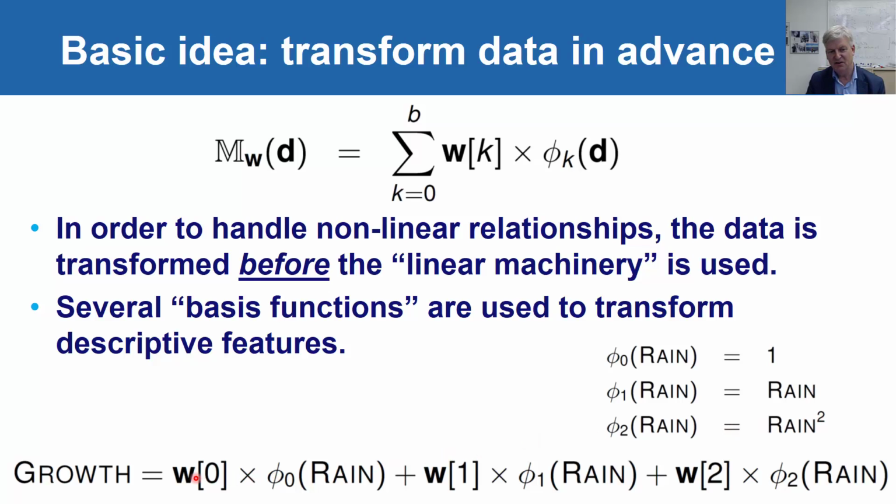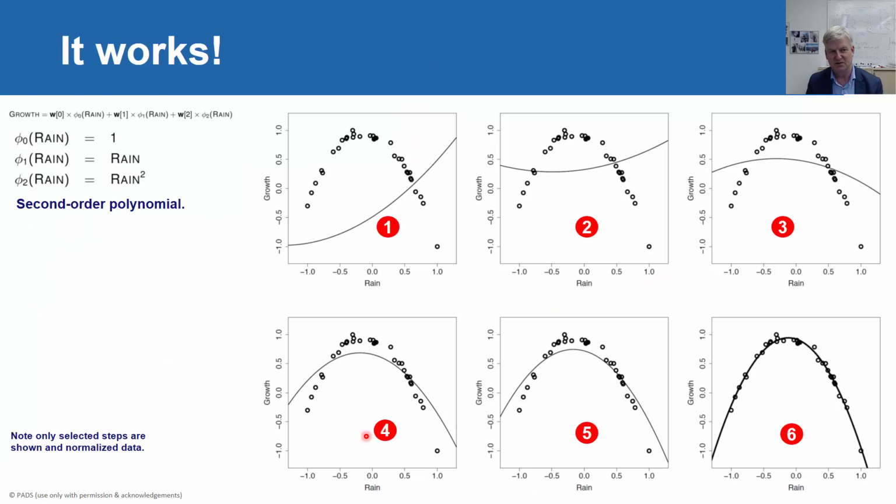And if you now look at this, you can see that you can fit functions of the shape, a constant plus rain times a constant plus rain squared times some constant. And that means that we are able to fit the curve that we have seen before.